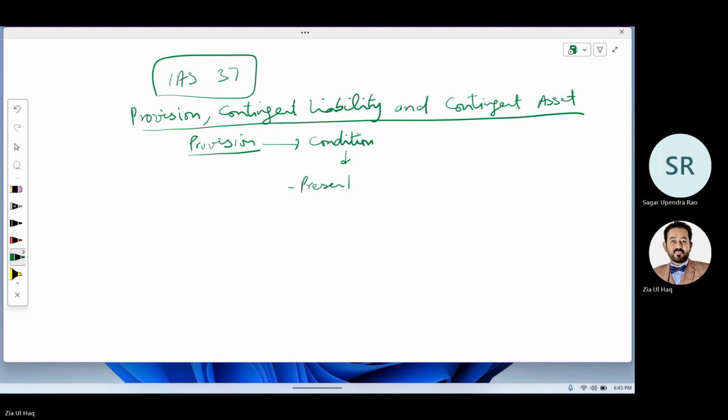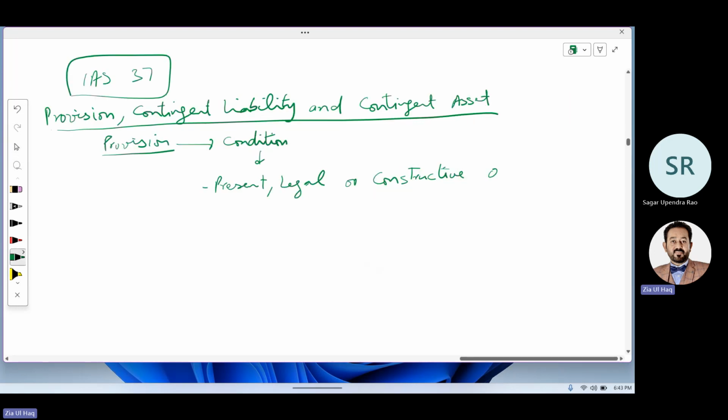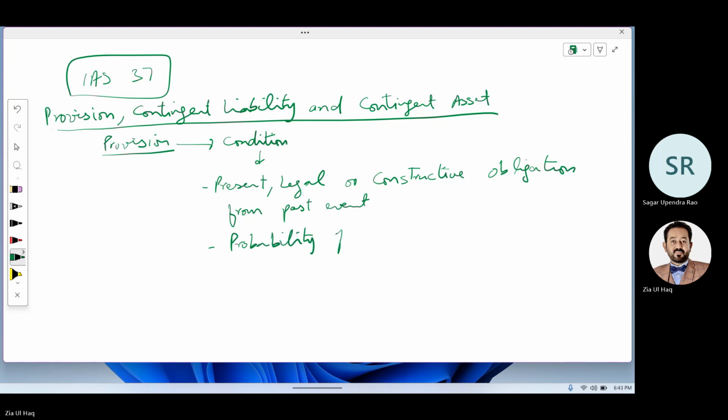Present legal or constructive obligation from a past event, probability of future economic outflow, and cost can be measured reliably.